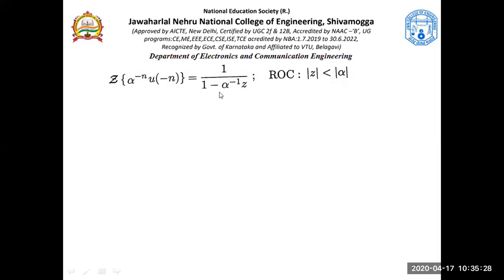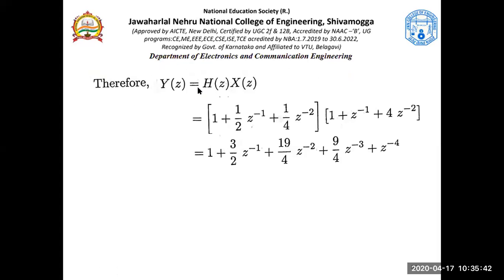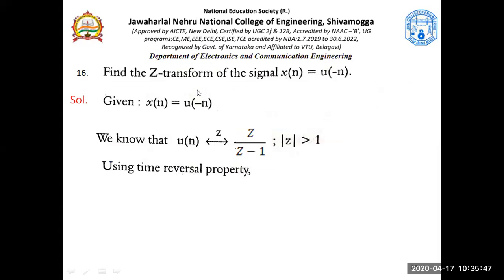Just to represent that it is a Z transform pair. If you apply the Z transform on this, you will get this. It's one and the same, so just get used to this particular representation also.